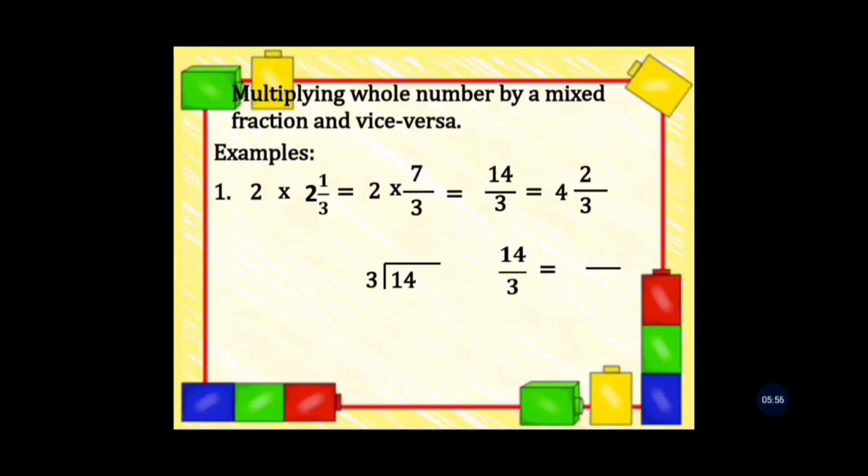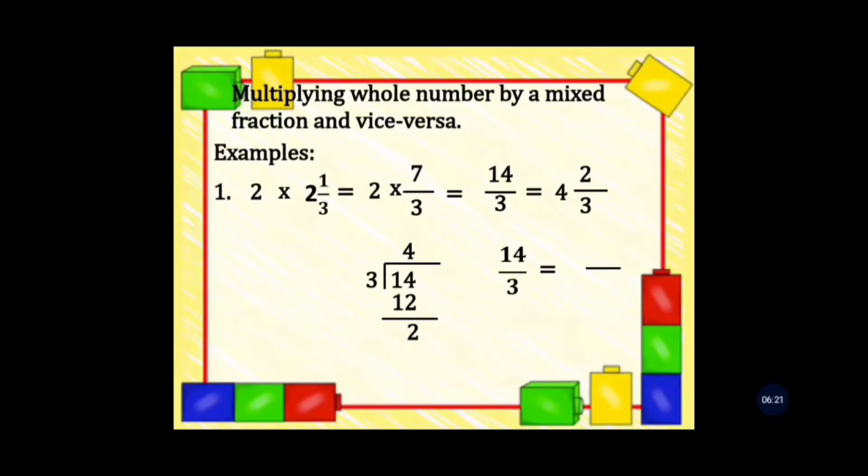Then, after that, we are going to divide 14 divided by 3 and it gives the quotient of 4. Then multiply 4 times 3 and it gives the product of 12. Then isubtract natin yung 14 minus 12, it gives the difference of 2.